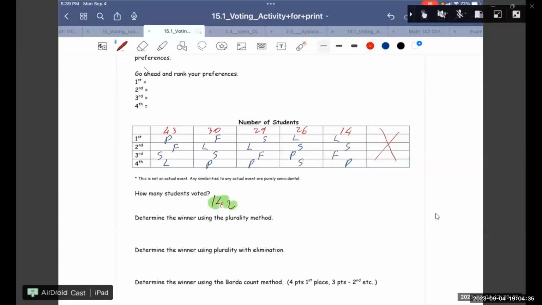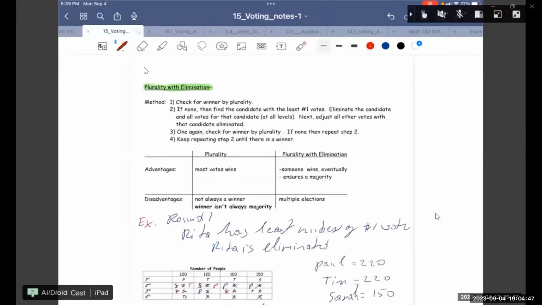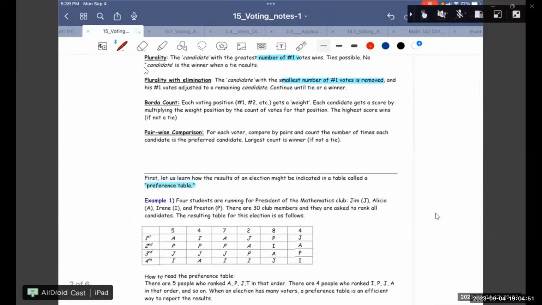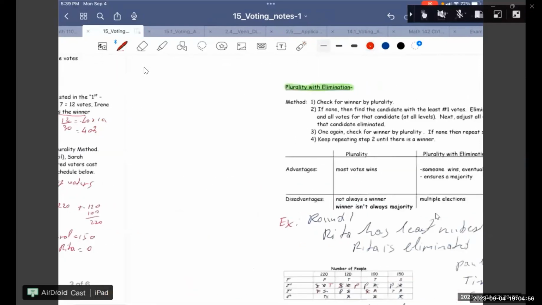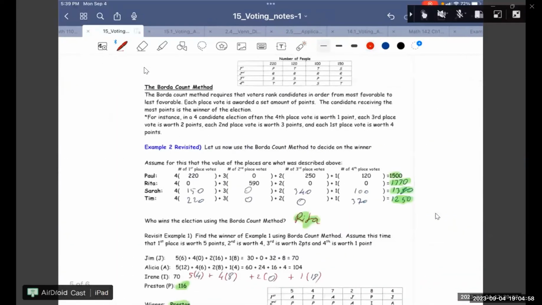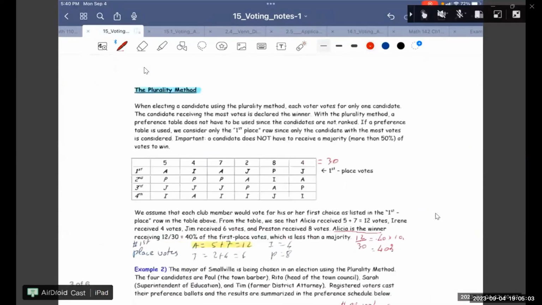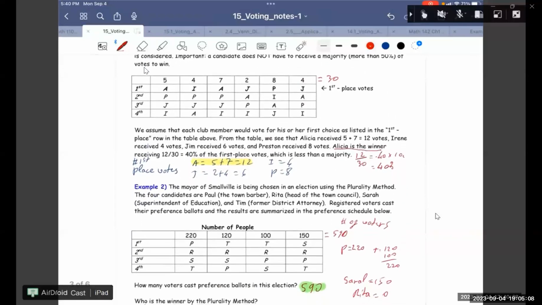So after we indicate everything, we have P is 43. Remember we add this up already. Where is that? Let me see. Right here for probability. So we add them up.